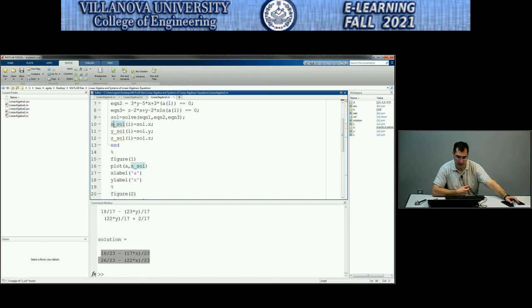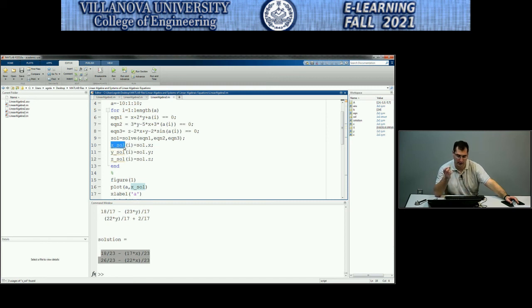When you run this for loop, you are building a vector of data for the solution for x. That's why you're saying x sol sub I. This is going to be the solution for x for the parameter a sub I.